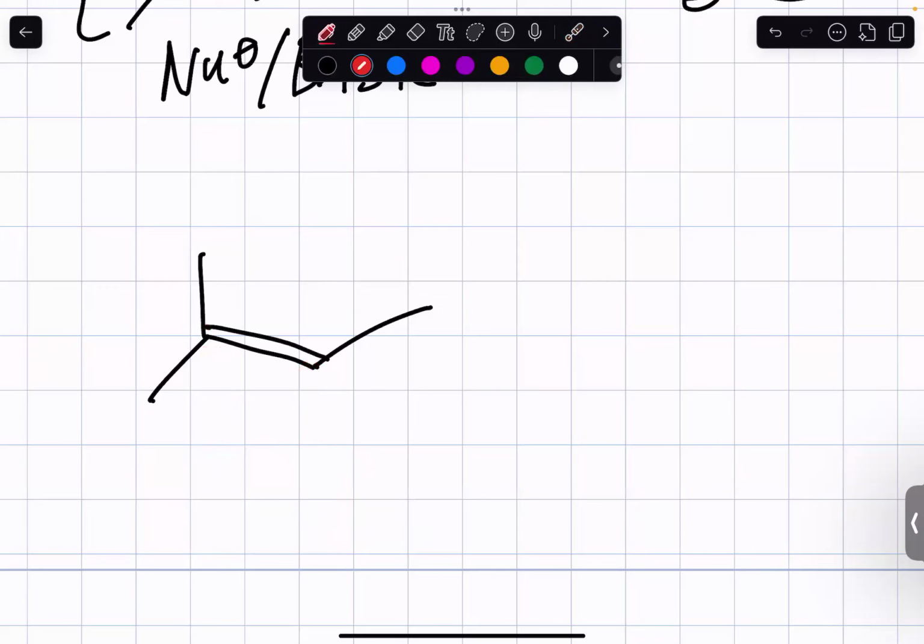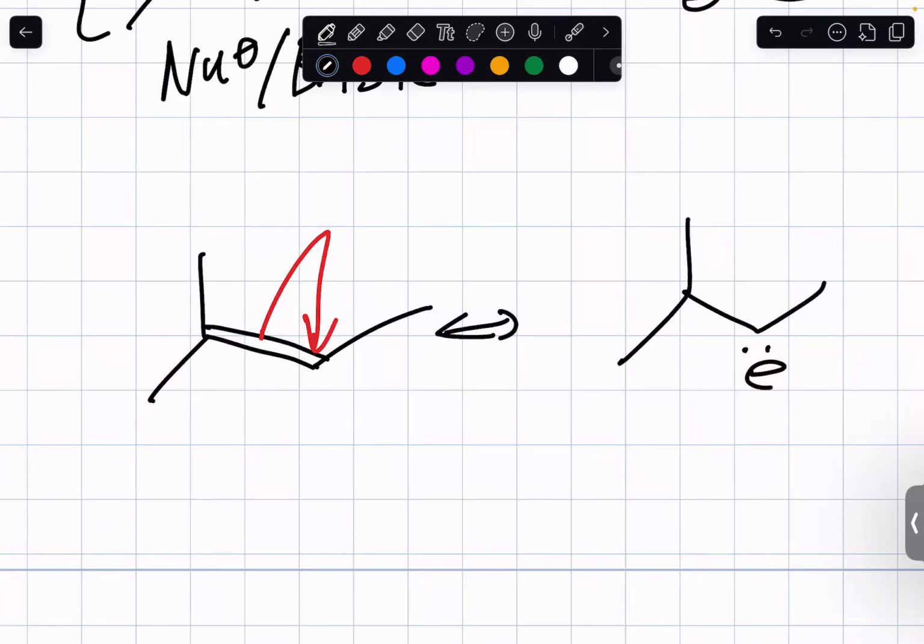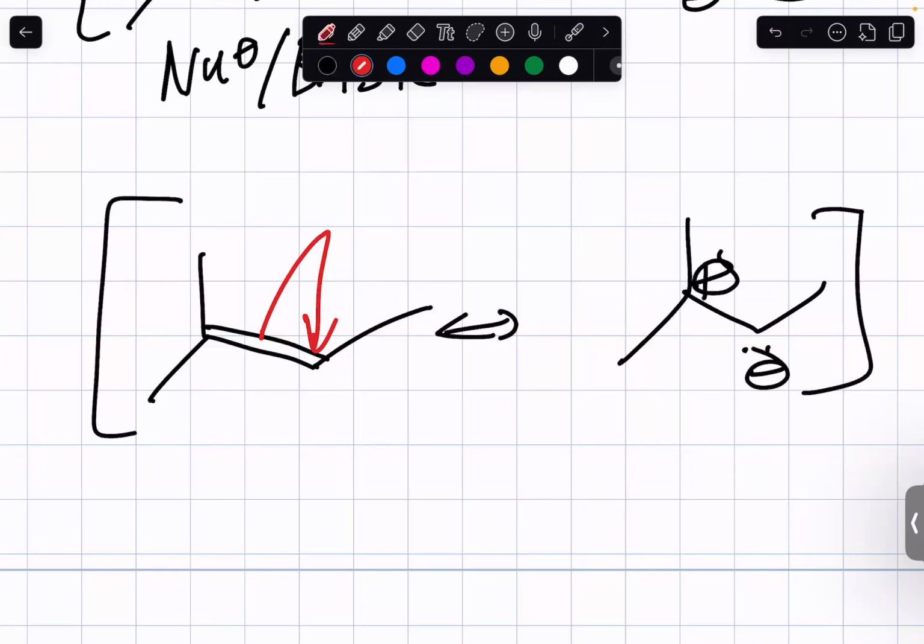And because A will have a more stable carbocation, I'm going to draw that arrow going to this carbon, because that would allow us to have the more stable carbocation. So the more likely nucleophile of this alkene is this carbon right here. Both carbons are nucleophilic because electrons can go on either side, but electrons are more likely to go to this side, because that would lead to the more stable carbocation.